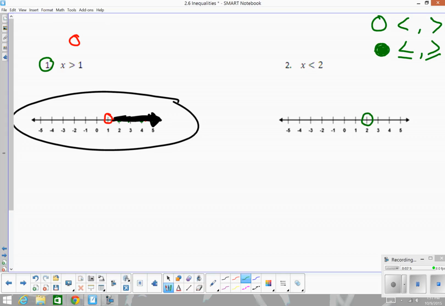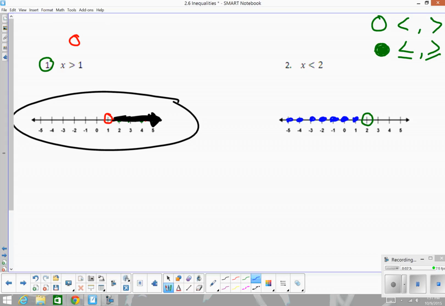Good. Now, if you read this from left to right, I'm going to say x is less than 2. Now, what's a number less than 2? Well, 0, 1, negative 1 is less than 2, right? Negative 2 is less than 2, and so on and so forth. All of these numbers are less than 2.